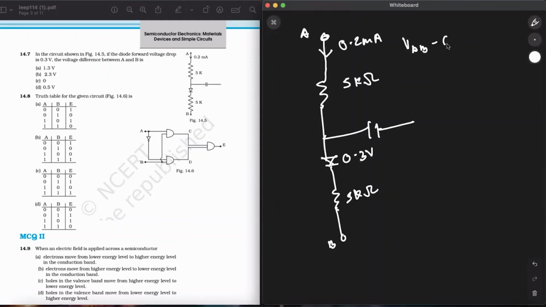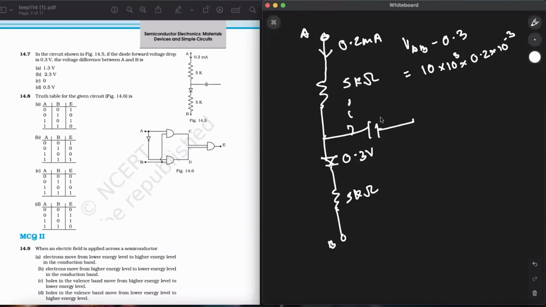Now I'll just write it over here. VAB minus 0.3, this 0.3 has been lost in this potential drop. So this will be equal to R1 plus R2, which is 10 kilo, that is 10 into 10 raised to the power of 3, into the current that has been flowing, 0.2 into 10 raised to the power of minus 3. Since the circuit has not been closed over here, why will the current go in this direction?